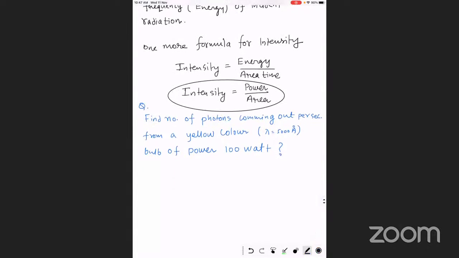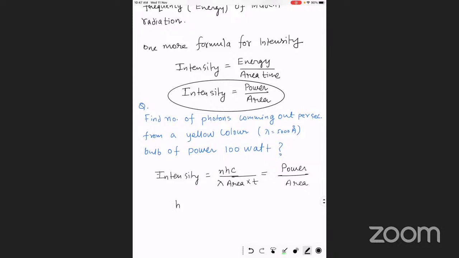See, you write both formulas of intensity. One formula says intensity is equal to nhc by lambda into area into time. And your other formula says intensity is equal to power upon area.